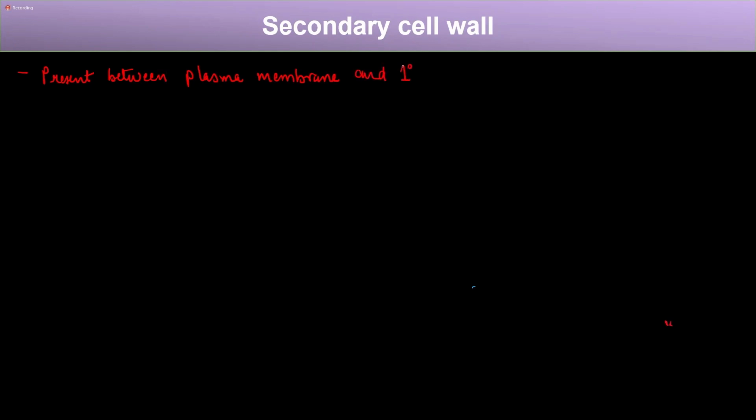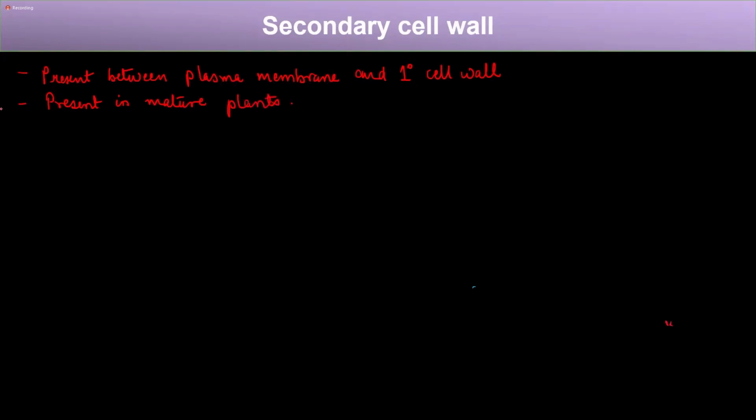This is how I am denoting primary cell wall. Now, where are these present? These cell walls are present in mature plants.